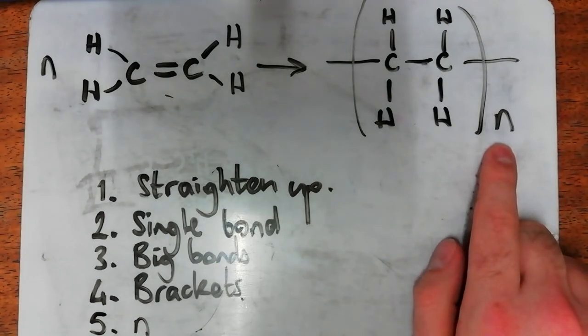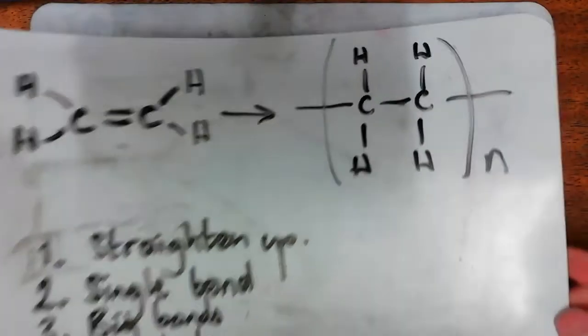So what I'm going to do is draw for you a few monomers. I'll draw 4, and once I've drawn them, I want you to pause the video and attempt, in fact I'll do 2 monomers, and I want you to pause the video and attempt to draw the two polymers formed by them.